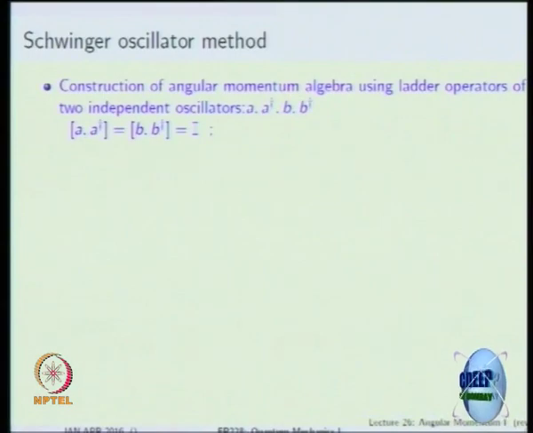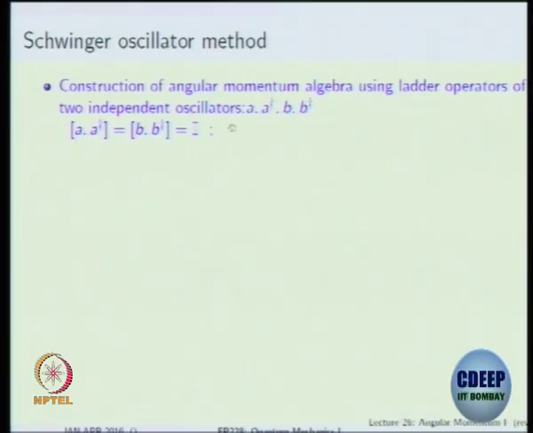So recall what I was trying to do in the last lecture. Let's take two independent oscillators, with A and A dagger as the raising and lowering operators for one oscillator, and B and B dagger for the other oscillator, but they are independent.